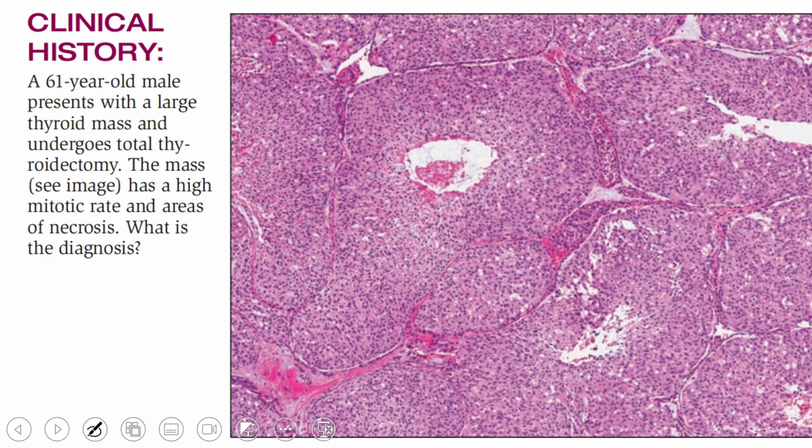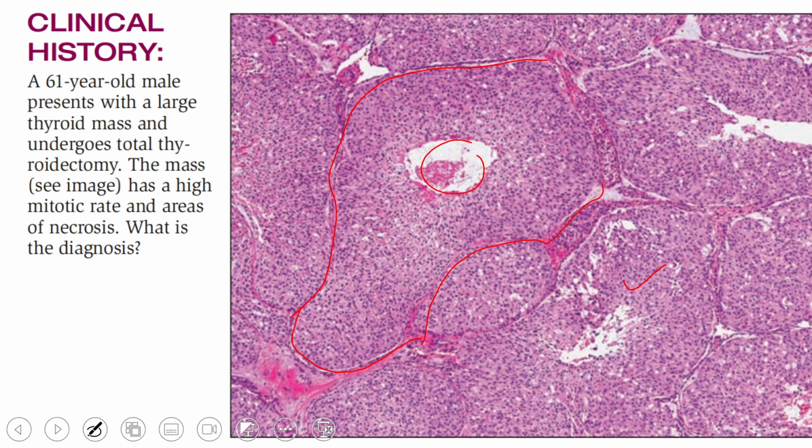You can see there is a well demarcated structure that is surrounded by a trabecular-like network. Such growth is called insular growth. Hypercellularity can also be appreciated; there are so many cells. The colloid and thyroid follicles are completely absent in this figure, and areas of necrosis can also be appreciated.